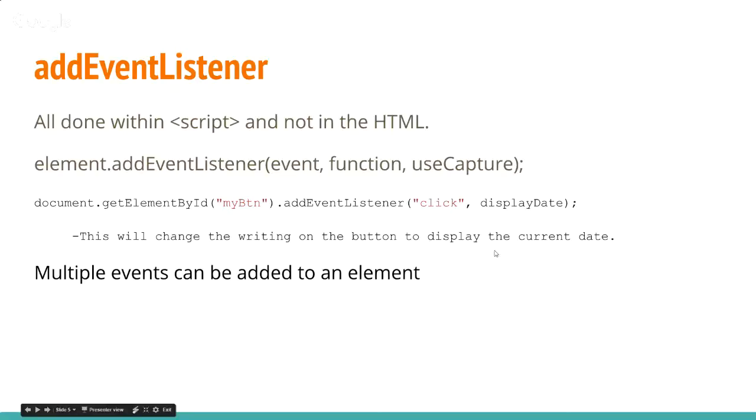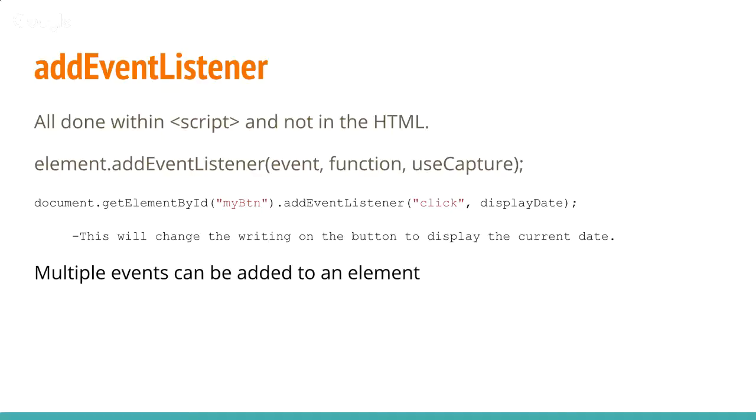So it's fairly simple. This is nice because in the previous forms, only one event could be added to an element. In this way, multiple events can be added to the same element, and they don't overwrite each other. And you can also use this to remove an event listener.